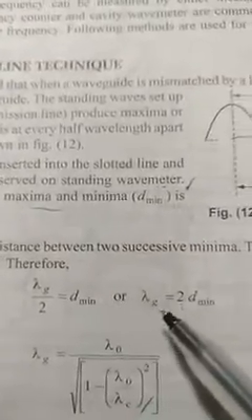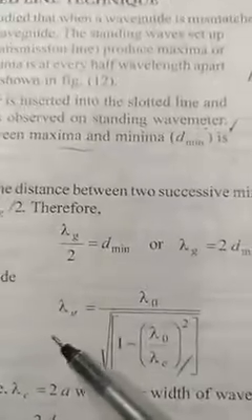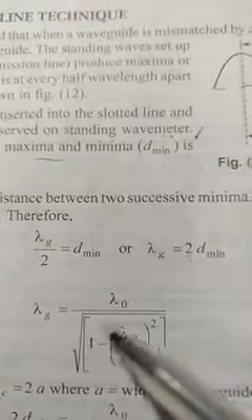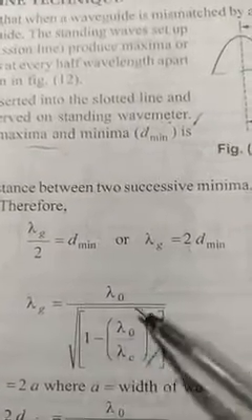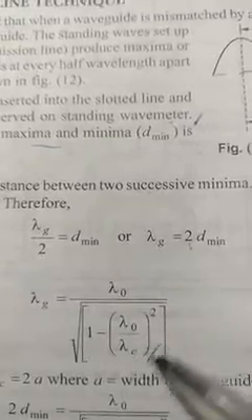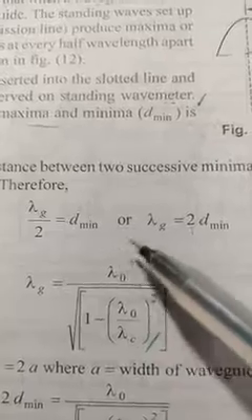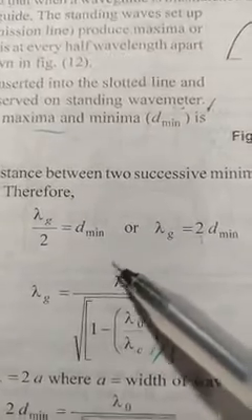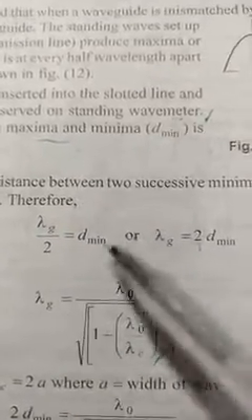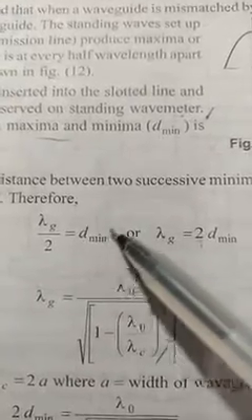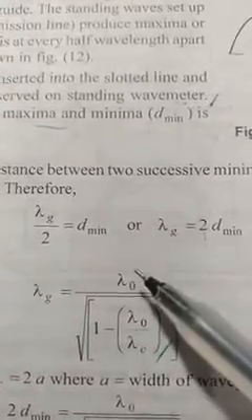The distance we can calculate, and this formula we have: lambda g is equal to lambda naught divided by square root of 1 minus (lambda naught by lambda c) whole squared, where lambda naught is the operating wavelength corresponding to the operating frequency which we have to measure. So lambda g can be calculated with the help of d minimum, and we can place it here.